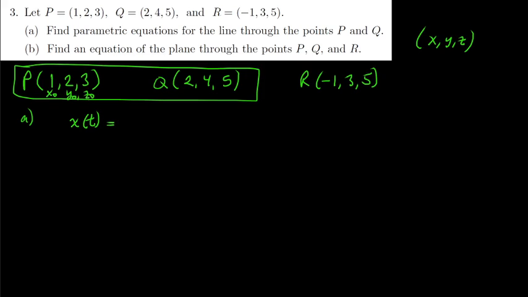I'm going to assume that those are the coordinates of point P. And then we just need a vector, right? So this is going to be the coordinates 1, 2, and 3 as a vector, plus t times the vector from P to Q, or any multiple of that vector, of course.